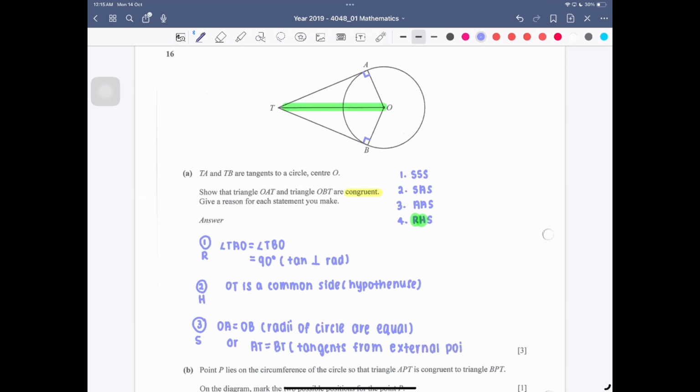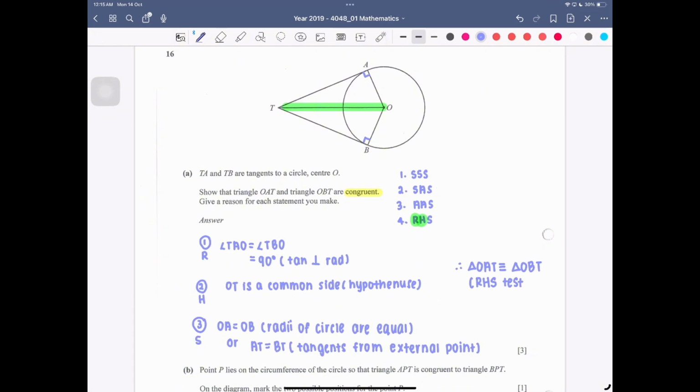So there you go, RHS. In this case, we have given the reason for every statement already. Lastly, we say that triangle OAT is congruent to triangle OBT. We can use these 3 lines to represent congruency.